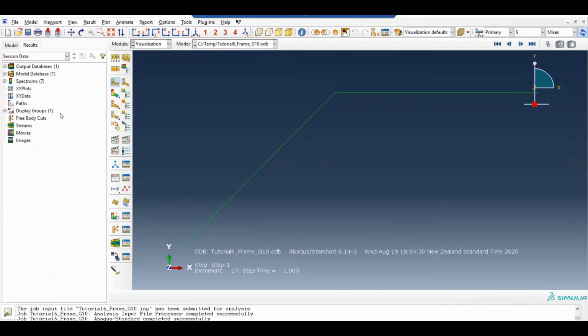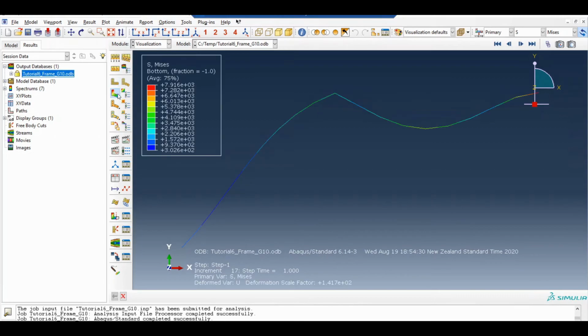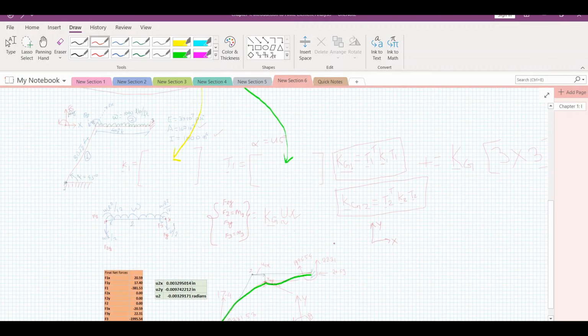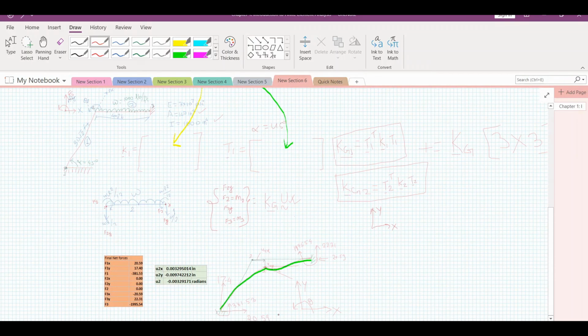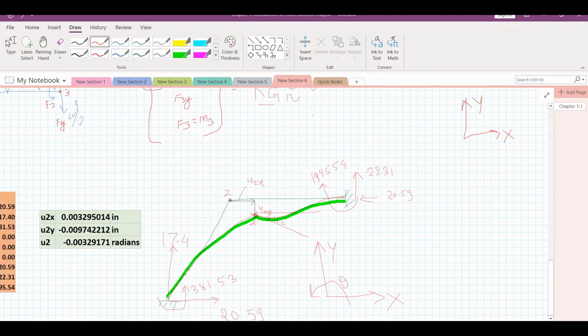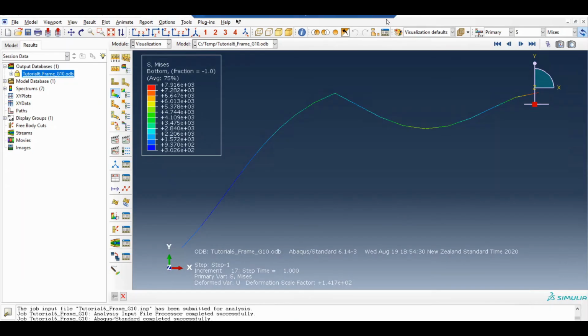Go to results, select our database, which is this one. Let's look at a deformed shape. So let's see our sketch. So where is our sketch? Here. Looks similar. Okay.